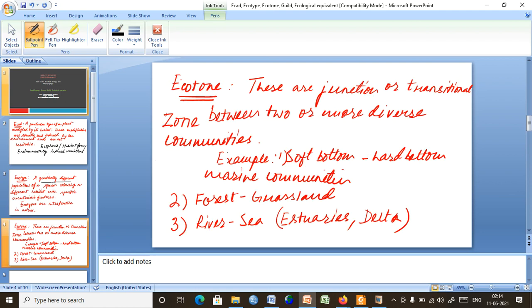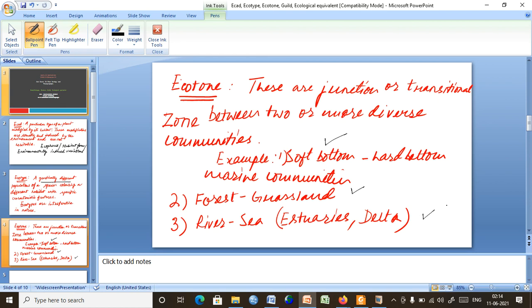Now the next term, ecotone. These are basically a junction or transitional zone between two or more diverse communities. Example, we can use a soft bottom or hard bottom marine community, a forest or grassland, or a river junction, known as delta or estuaries.